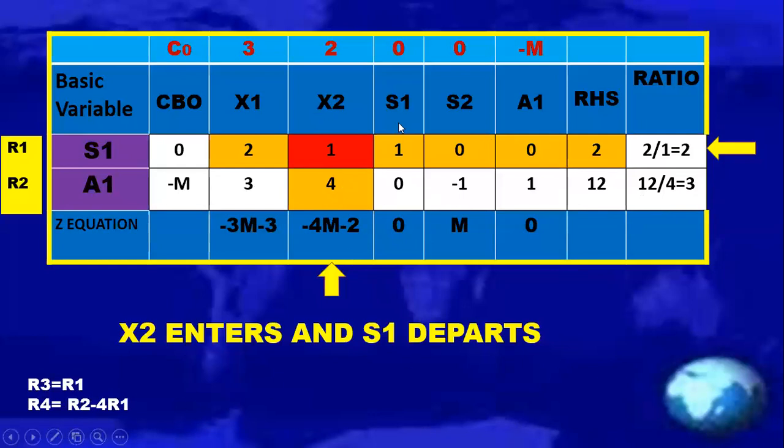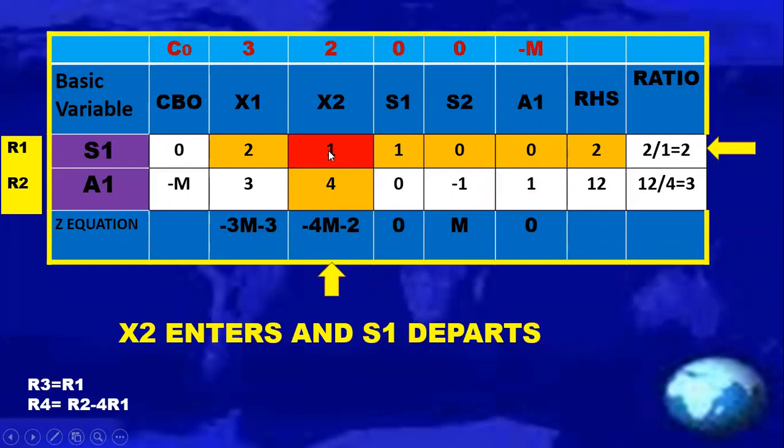So here x2 is the one which is entering the table and s1 is the one which is departing the table. So this is the key row, this is the key column. The intersection of the key row and key column is called the key element. So this one is called the key element.